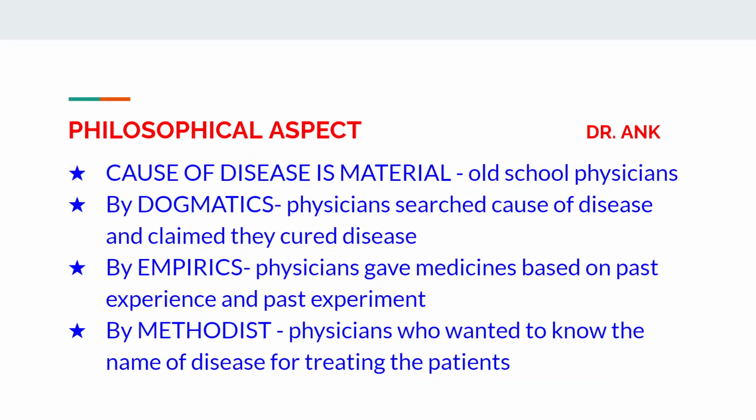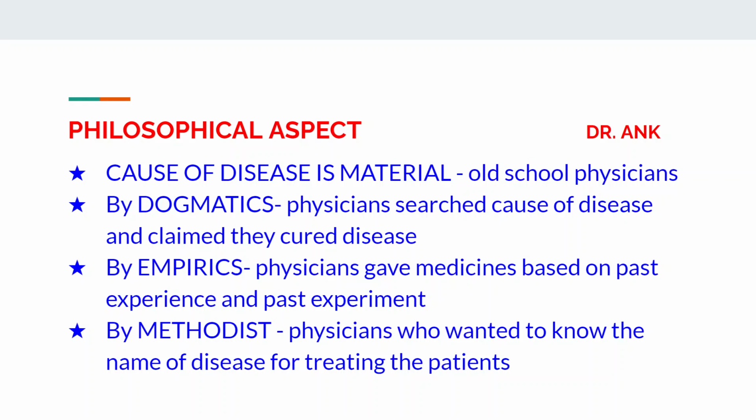By dogmatics, so who are the dogmatics? They are the physicians who search for the cause of disease and claim that they cure disease. So these physicians always search for the cause of disease. And the cause of disease they search for is nothing but the material cause of disease.